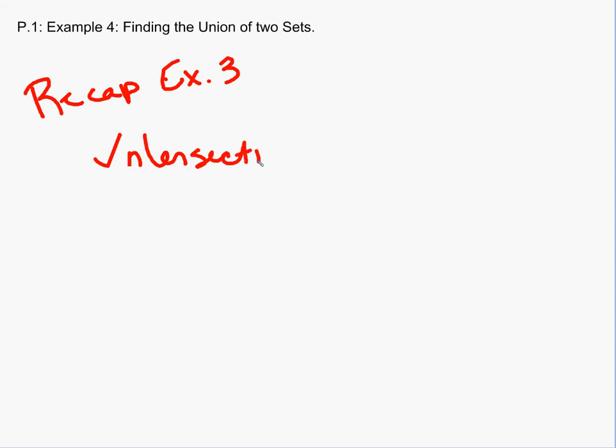Today we're looking at P.1, Example 4, Finding the Union of Two Sets. First of all, before we begin, I wanted to recap Example 3, where we looked at the intersection of two sets.